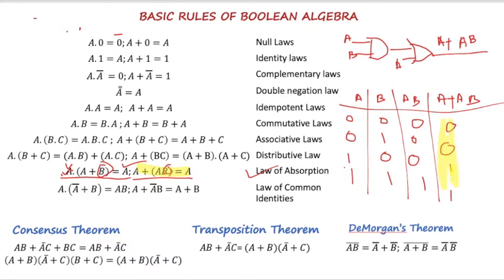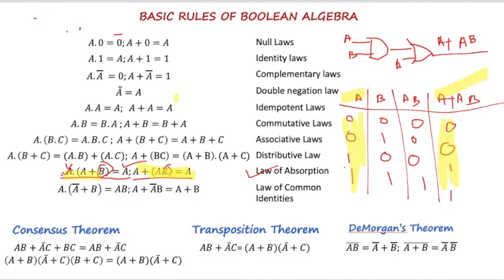So here also you can see this column is the same as this column, that is A equals this, and this is called the law of absorption. And this can also be proved algebraically, so do it yourself.